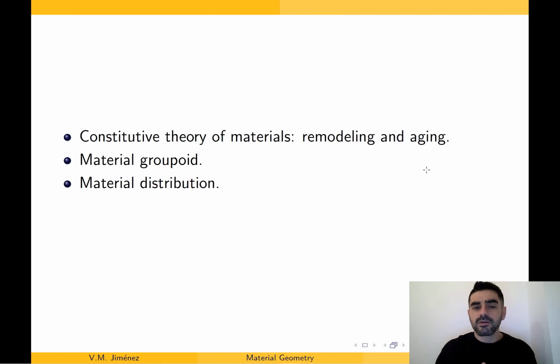Notice that here we will only give some necessary ingredients to understand what follows. Next we will introduce the material groupoid, and finally we will talk about the material distributions and their associated material foliations and the evolution equation.